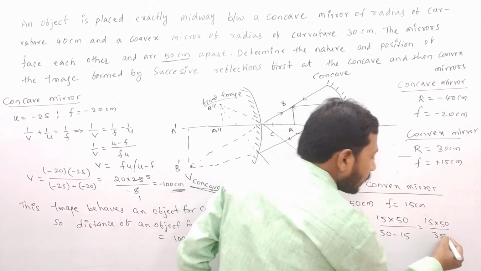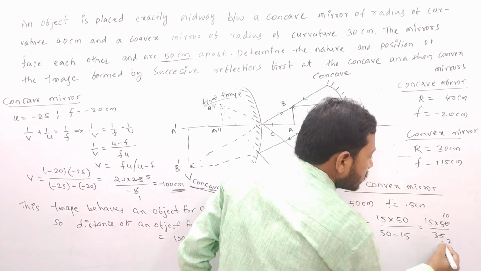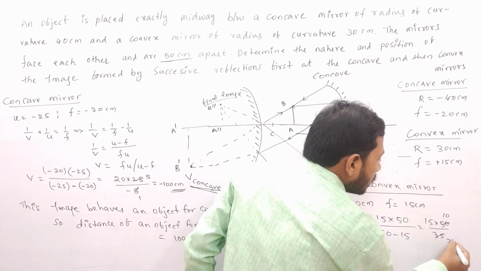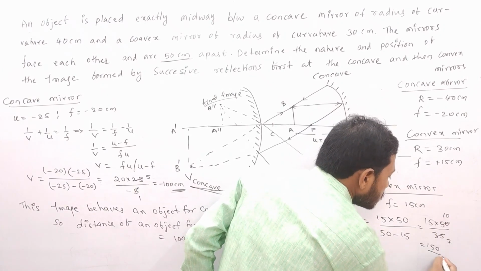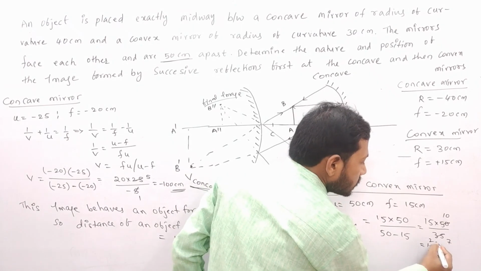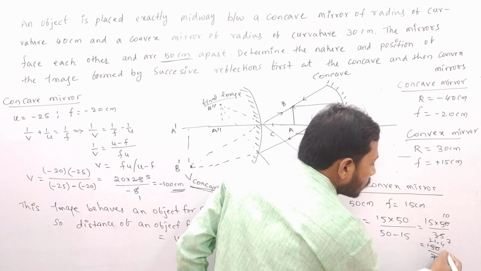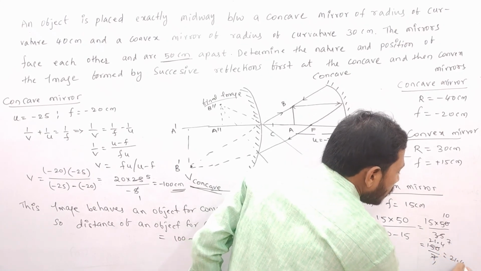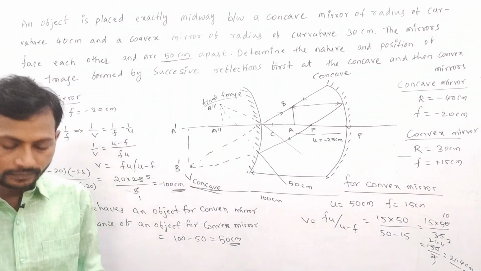I am going to use the 5 table: 5 sevens are 35, 5 tens are 50. Then the answer is 150 by 7. 7 twos are 14, 7 ones are 7, and 7 fours are 28. The answer is nearly 21.4 centimeter.